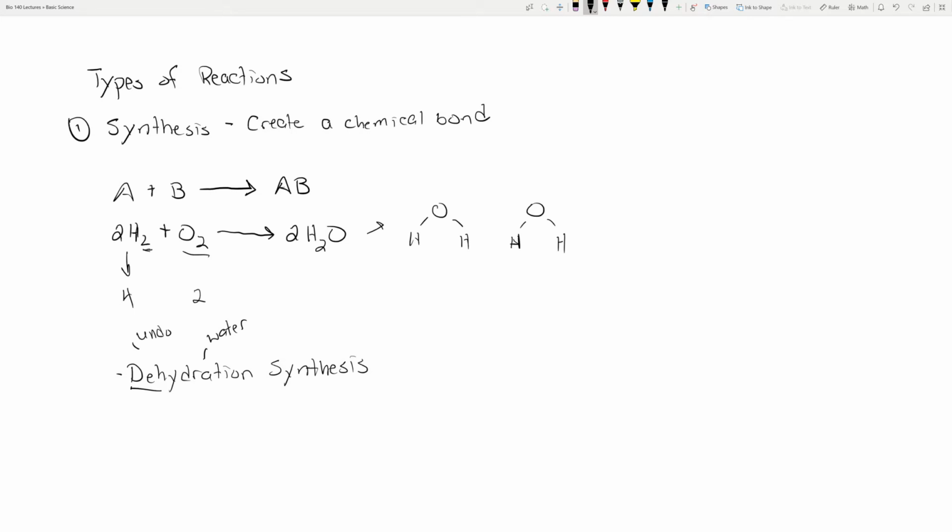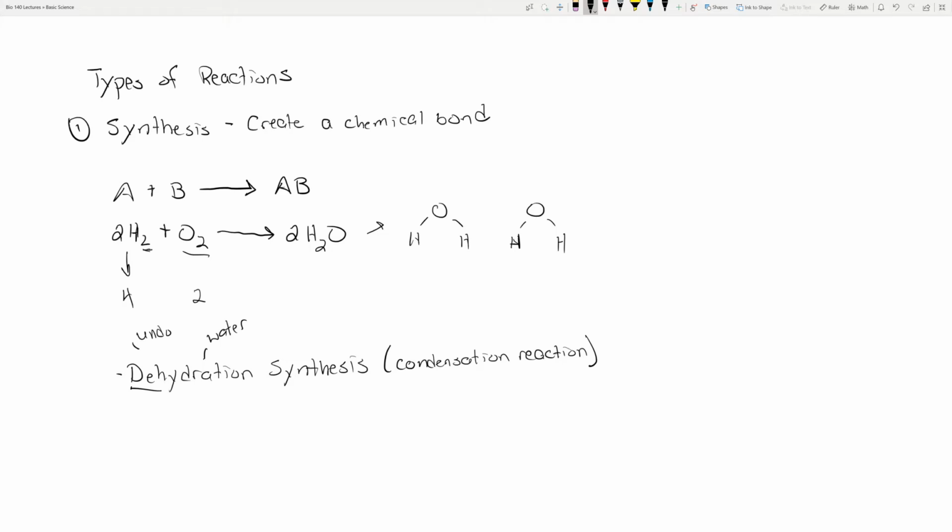So dehydration is to basically take out water. This is also called a condensation reaction. Basically, you combine 2 larger molecules together, and in doing this, you just have to take a water out.